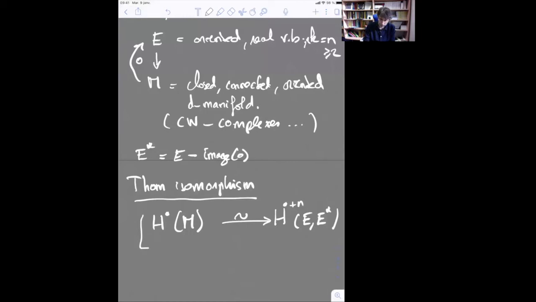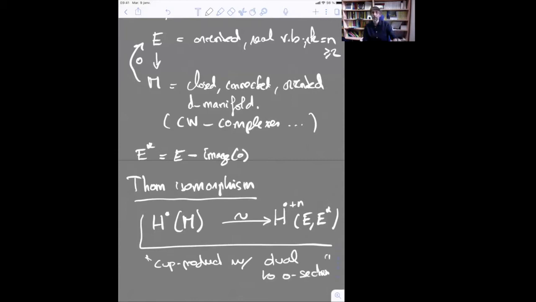You have this isomorphism, which is given by the cup product with the dual to the 0 section.